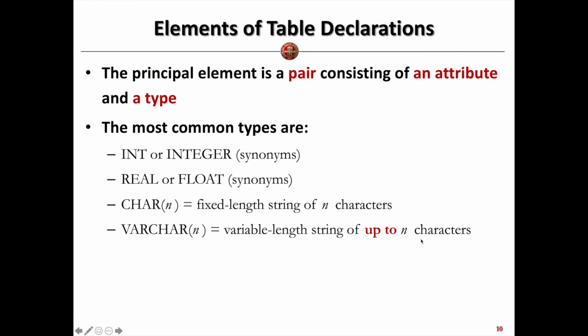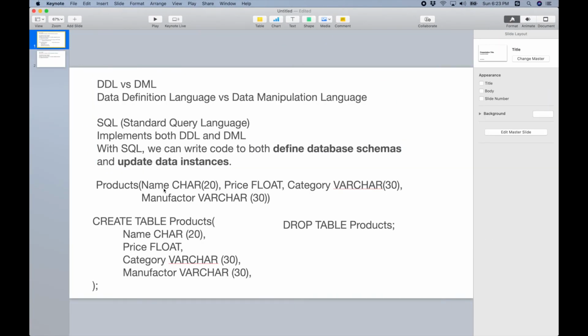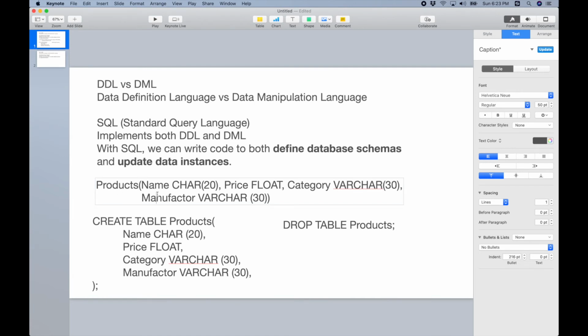So they are different. Let's come back to the example we showed before. On this page, we say that for the products, we can declare the name of the products as a char 20. It means that all the products in our table should have names of the same length, 20 characters. However, in the real world, probably that is not the case, because the names of the products can be very different.